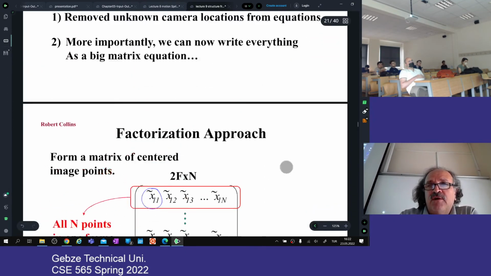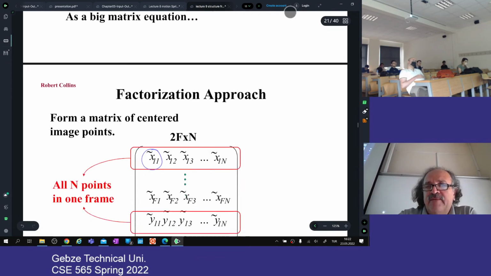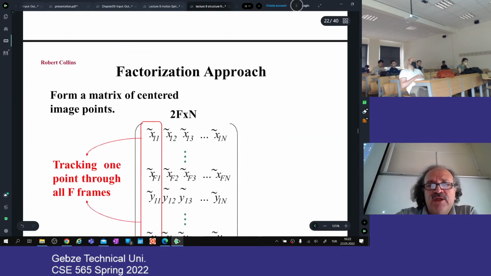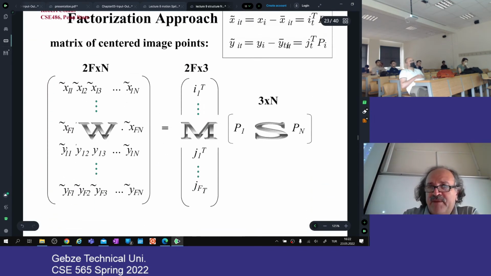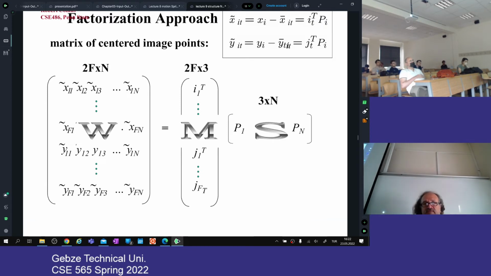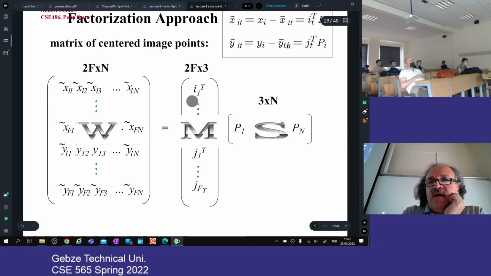Okay, so each one is a multiplication, so I know this one. Okay, so why don't we write this one as a multiplication of these two simple matrices? Remember, x tilde 11 is equal to I_1^T times P_1. X tilde 12, okay, is I_2^T times P_1.